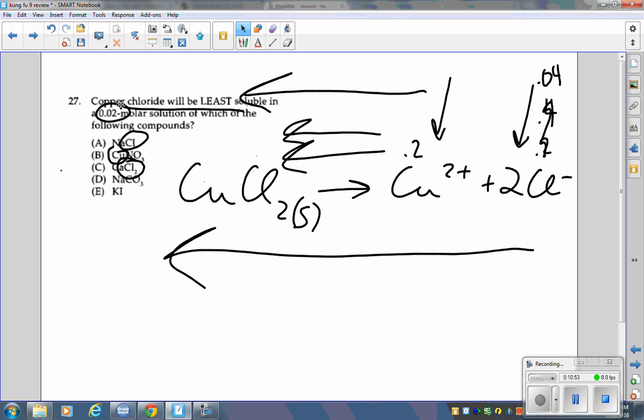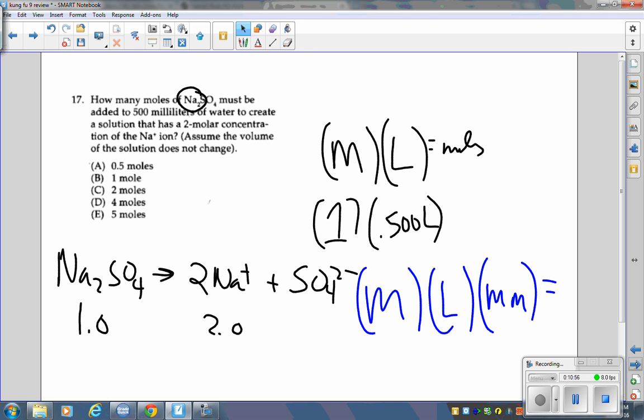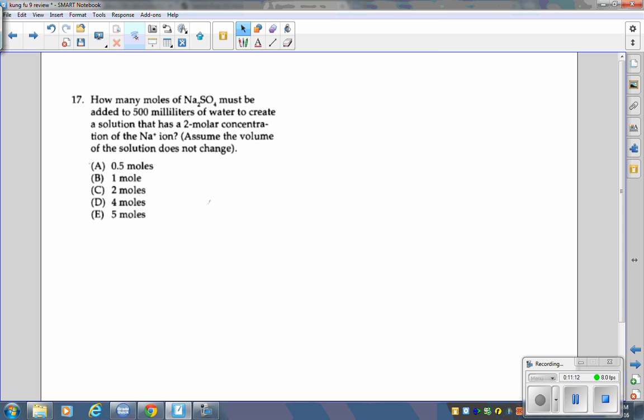Next one. If you look right here, how many moles of Na2SO4 must be added to 500 milliliters of water to create a solution that has a 2 molar concentration of the Na+ ion, right? So we want to create a 2 molar solution, right? So if we look, the molarity is 2 molar right here, right? So 2 molar.